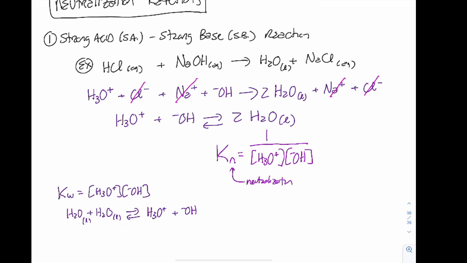right? If I was to write my net ionic equation, which is this, for an acid-base neutralization reaction, right, and using a strong acid and a strong base, and then write my equilibrium constant expression for that neutralization reaction, this is what we're going to get. So N for neutralization.